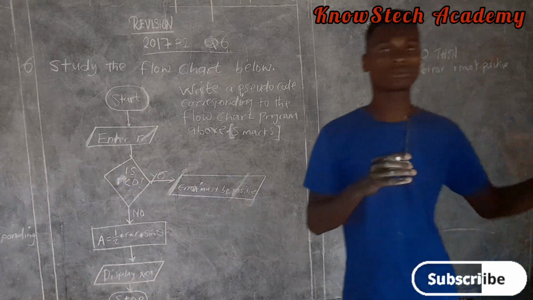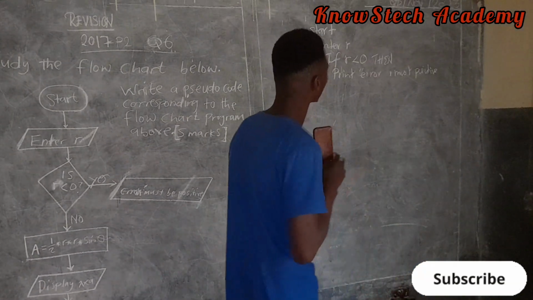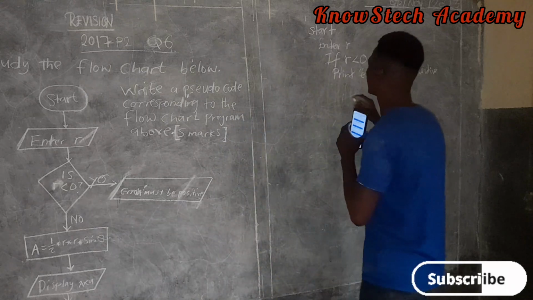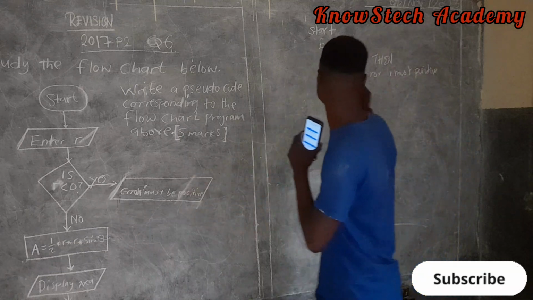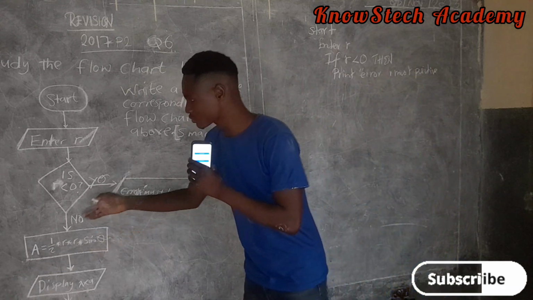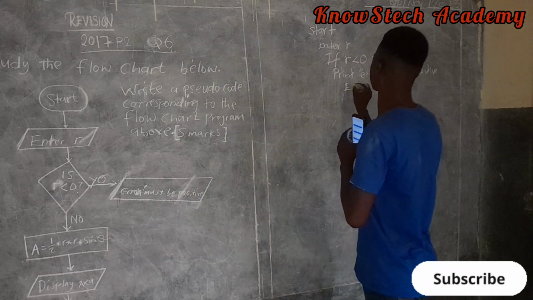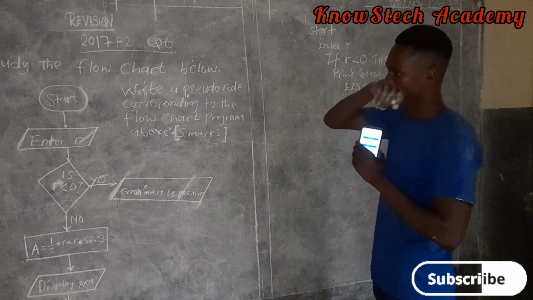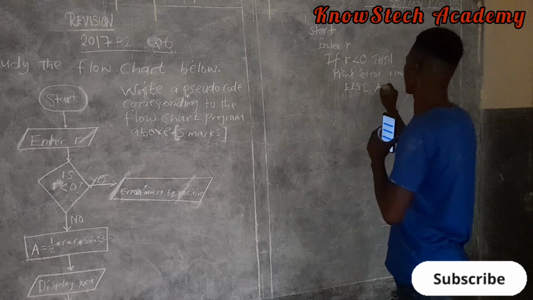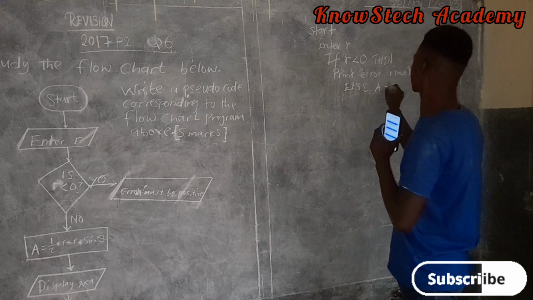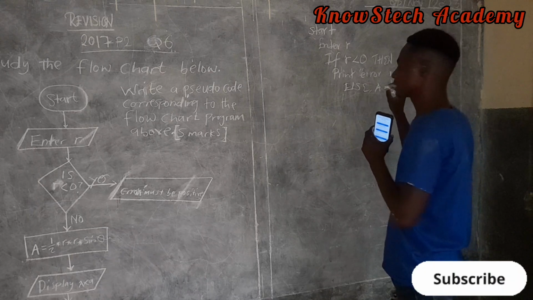Is this visible to this side? Okay. Thank you. Error must be positive. Next, we have, if yes, this one. If no, this is where you write else. Else we put the formula. Else A is equal to 1 over 2, multiplied by.